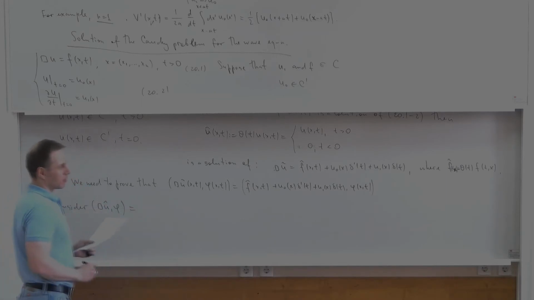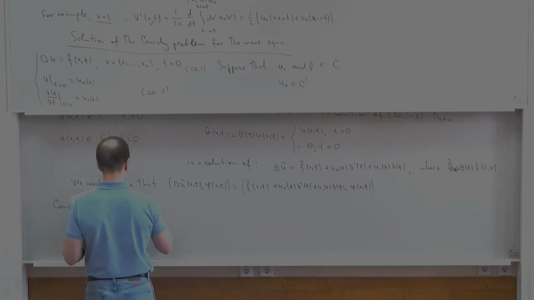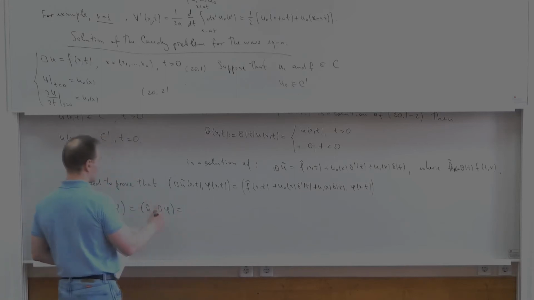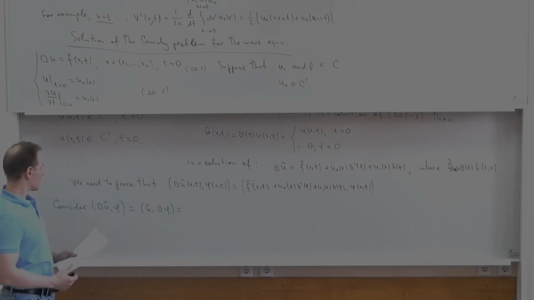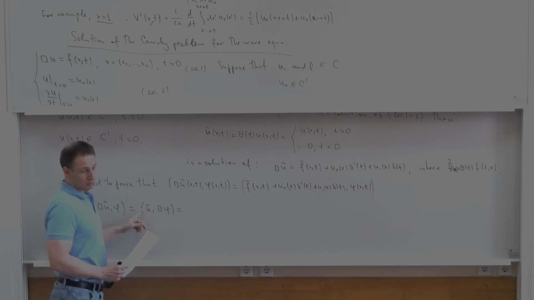Then, by definition of a derivative of the generalized function, we can write the following expression. Namely, we have used here the definition of a derivative twice, and that is why there is no minus sign here, or the sign is plus.